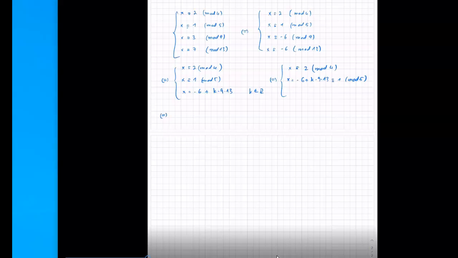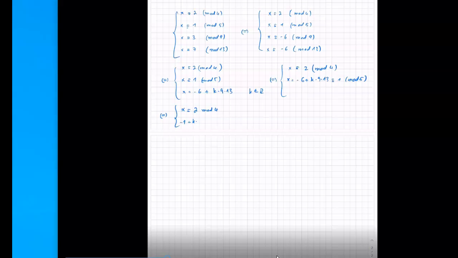And 9 mod 5 is minus 1 because it's 10 minus 1. 13 mod 5 is minus 2. I'm going to use this kind of simplification to reduce the amount of calculation.